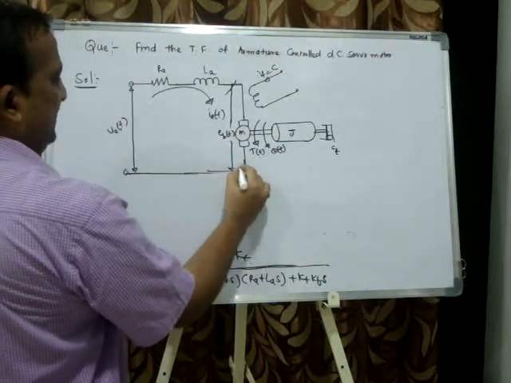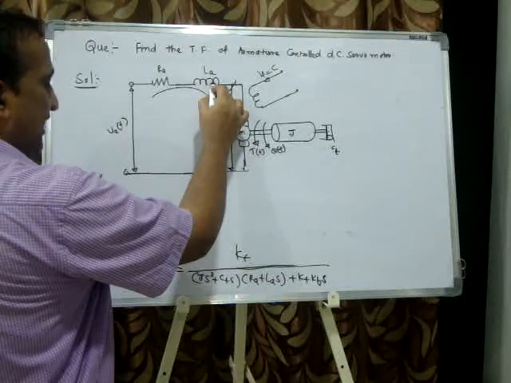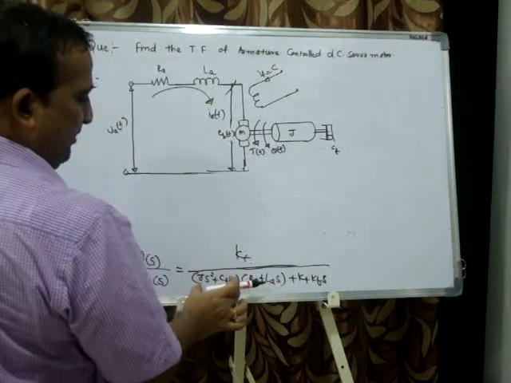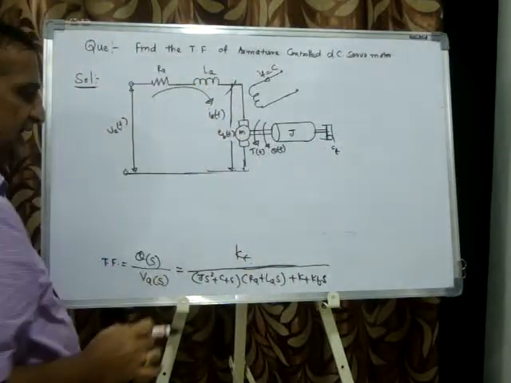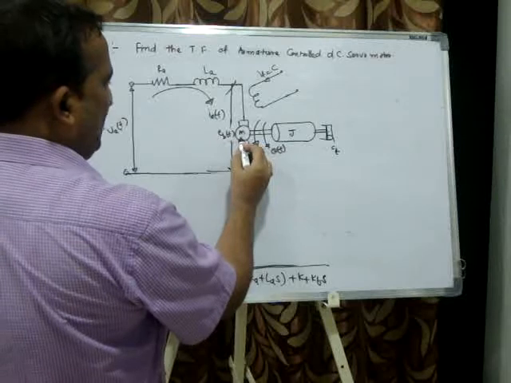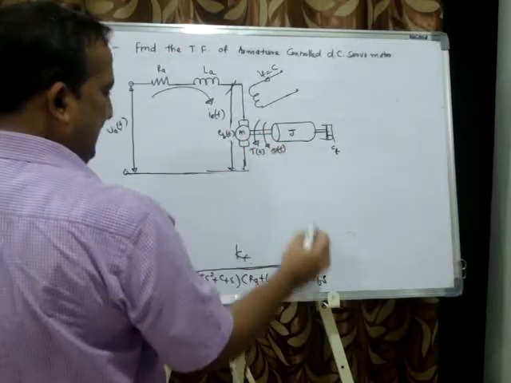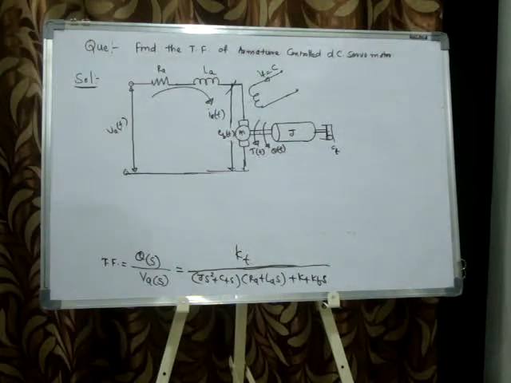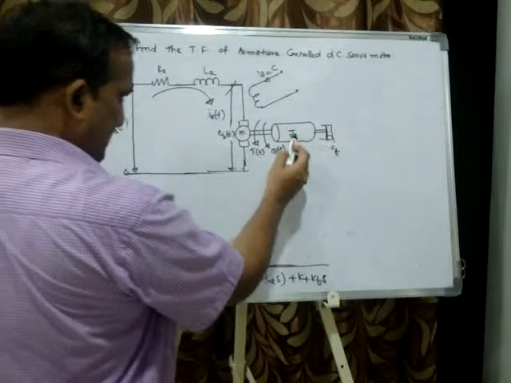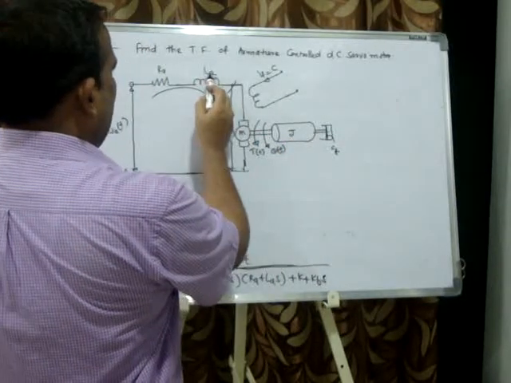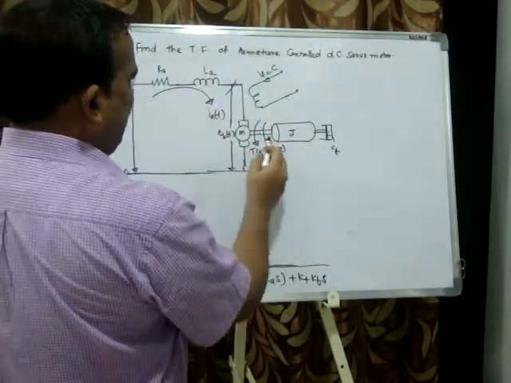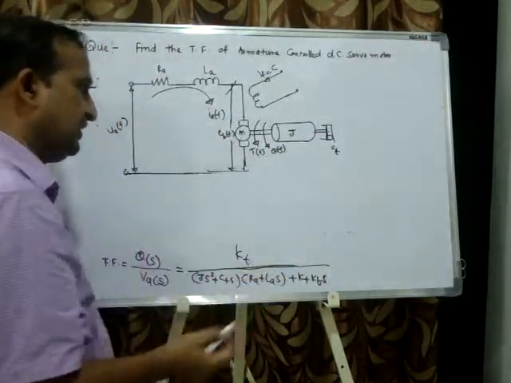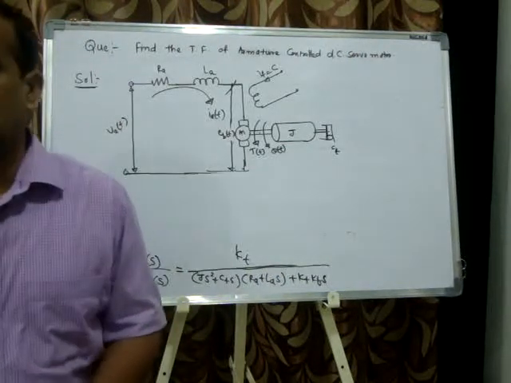Then the resistance of the inductor, Las plus Ra, the electrical resistance. Mechanical resistance multiplied by electrical resistance, plus the motor constants KB KT s, and in the numerator is KT. This is the way to remember. It's very easy to remember.